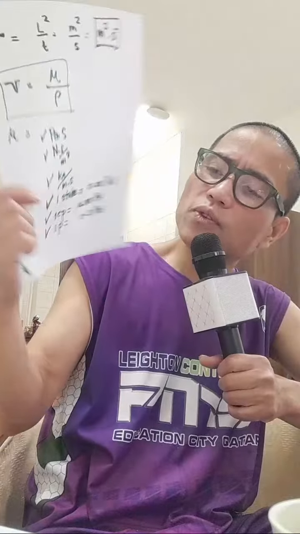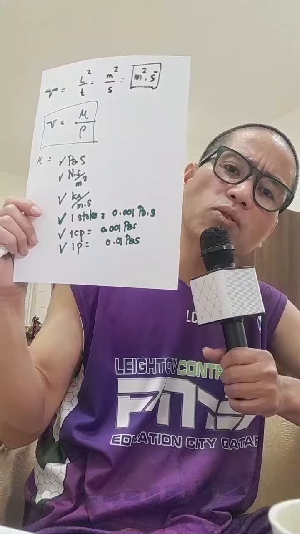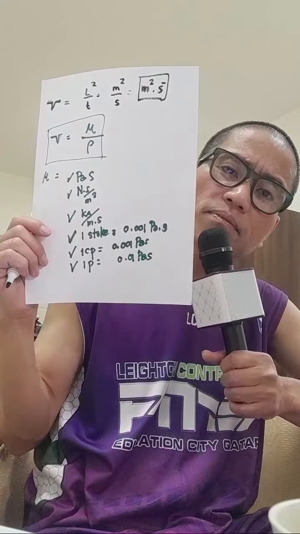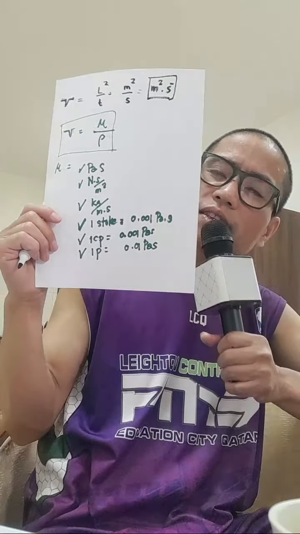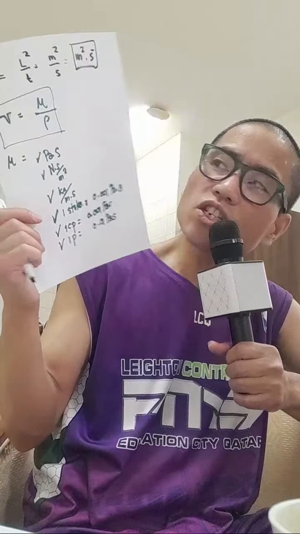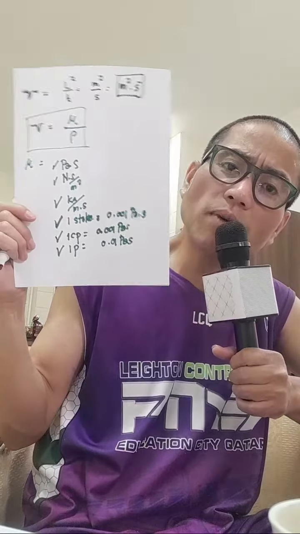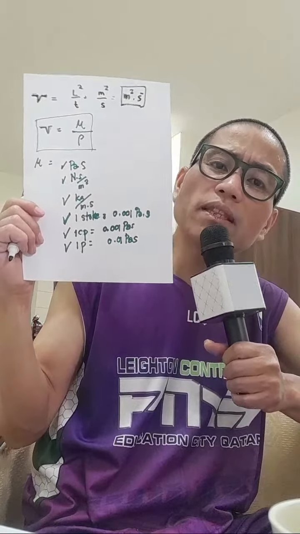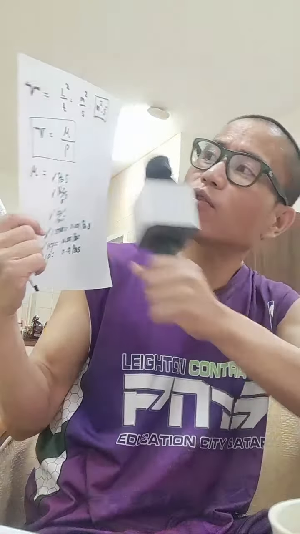Now if you see this kind of units in the problem solving, treat that as a viscosity already. Even though you still don't know if it is kinematic or absolute, just try to substitute in the formula. If everything cancels, then it's okay. But if it does not, then follow the formula of the kinematic viscosity.